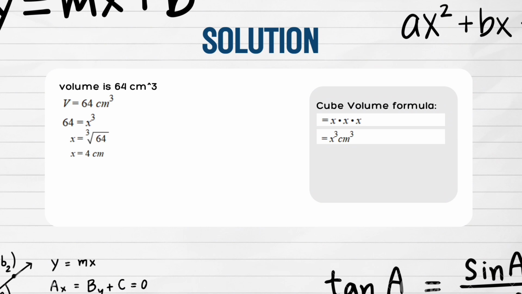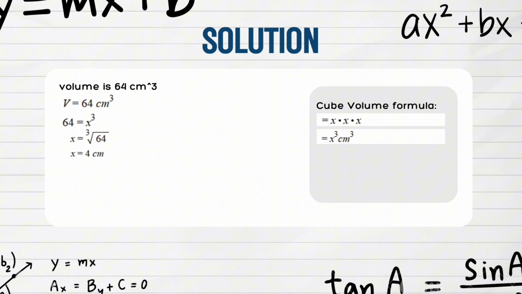From the previous slide, we already have both chains, which are dA over dx and also dx over dt. So let's find the x value. The question asks for the rate of its surface area decreasing when the volume is 64 cm3. Therefore, the final volume of the cube is 64 cm3. The formula for the volume of a cube is x to the power of 3.